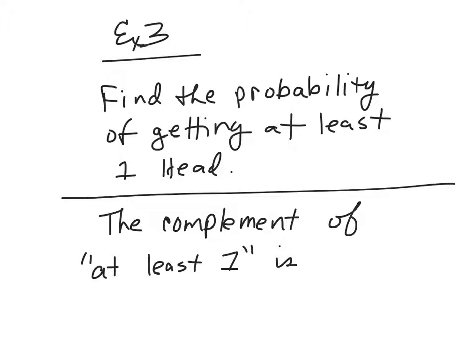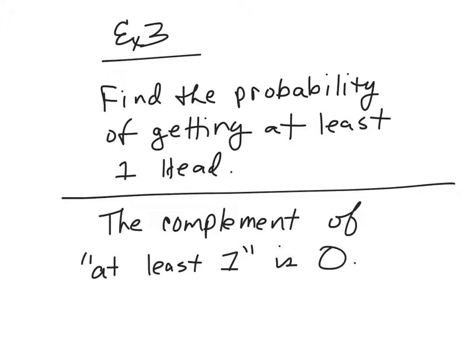If she got 1, she'd get at least 1. If she got 2, that's at least 1. 3's at least 1, and 4's at least 1. The only way you're not going to get at least 1 of something is if you get 0. Now, what does that mean for us in terms of probability? Here's what it means.